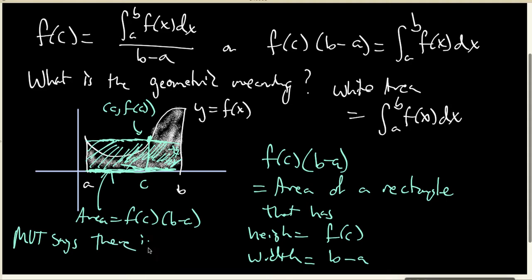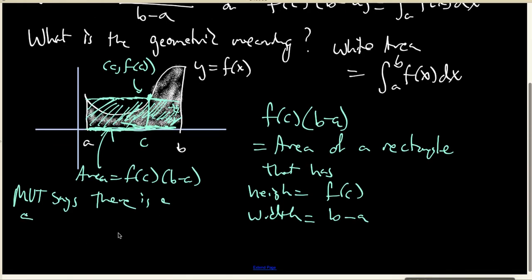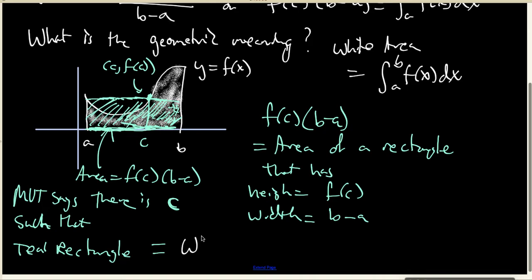And the mean value theorem says there is a c such that the teal rectangle equals the white area under the curve.